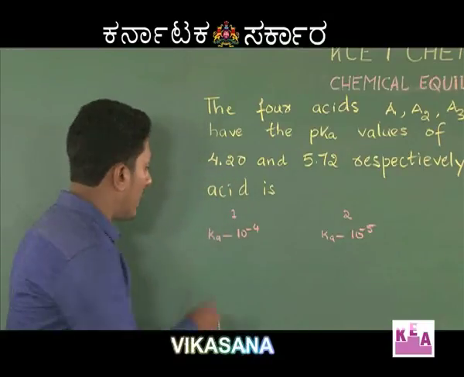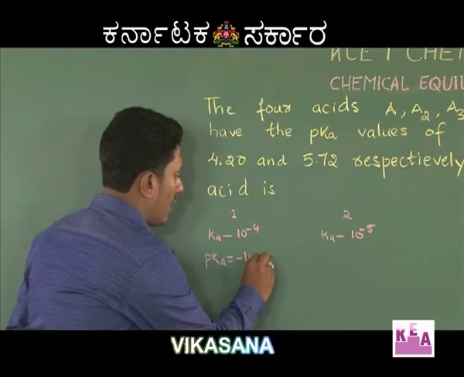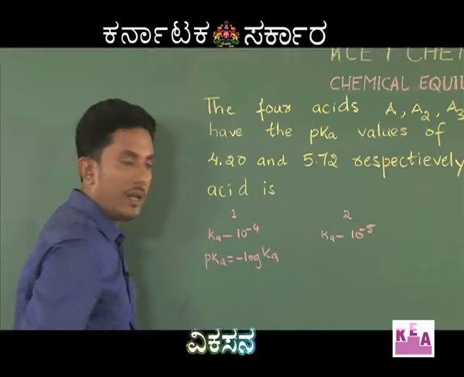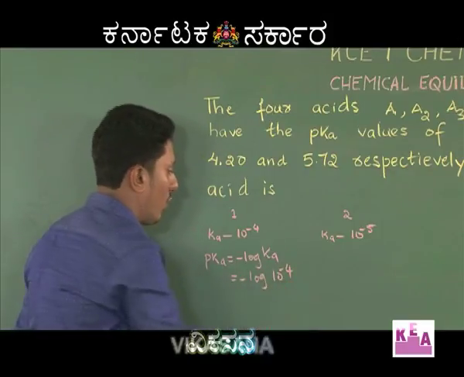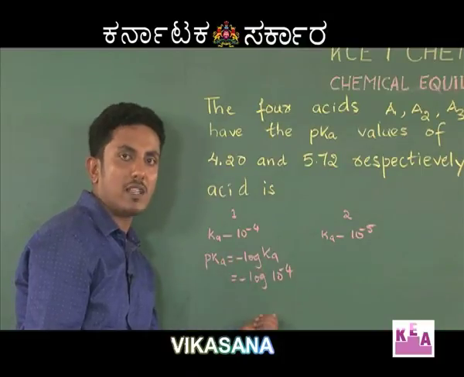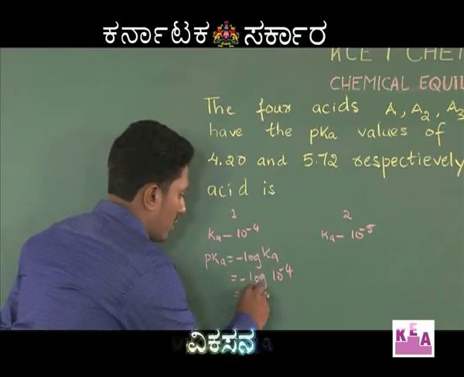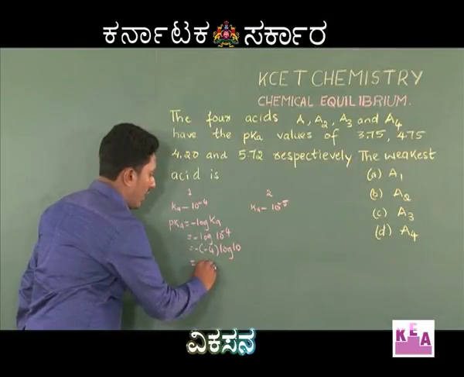If we calculate the pKa, as you all know that pKa is equal to minus log of Ka, that will be equal to minus log of 10 raised to minus 4. Log of A raised to x is x log A, that is minus of minus 4 log 10, and log 10 is 1, hence the value will be equal to 4.